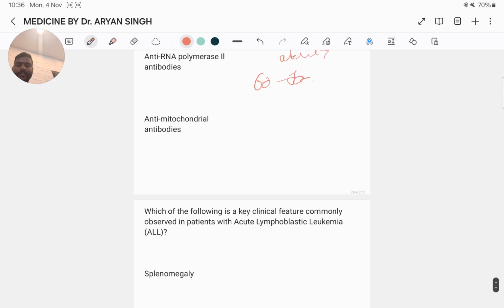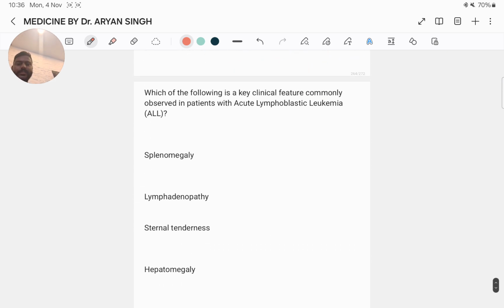And the next question is, which of the following is a key clinical feature commonly observed in patients with acute lymphocytic leukemia? Splenomegaly, lymphadenopathy, sternal tenderness, hepatomegaly. Here the best answer is sternal tenderness, because it is a key clinical feature observed in patients with acute lymphoblastic leukemia.